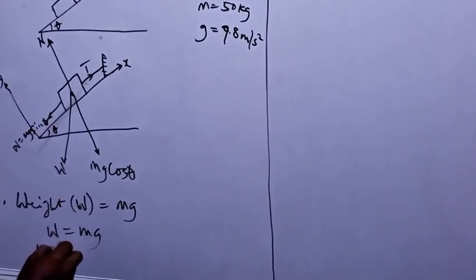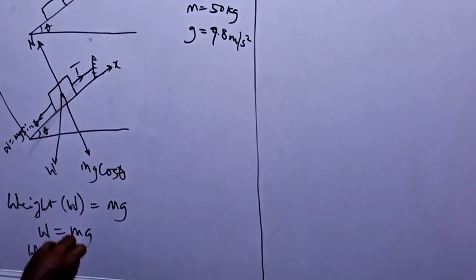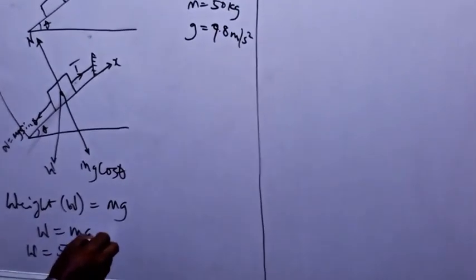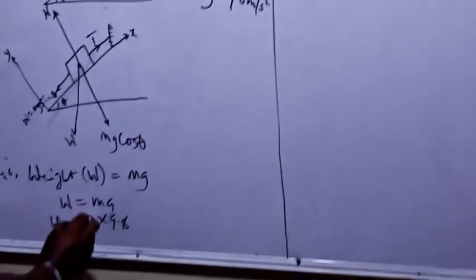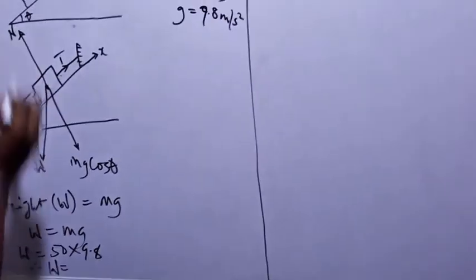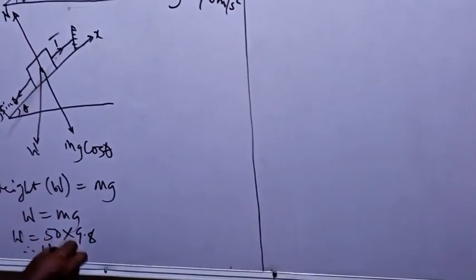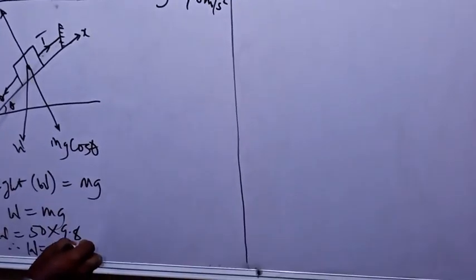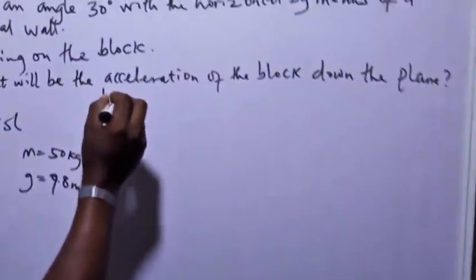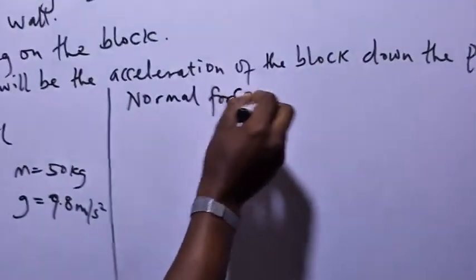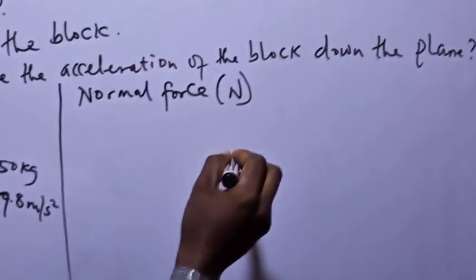The mass given is 50 kg multiplied by 9.8. Therefore, the weight, which is one of the forces on the body, is 490 Newton. I've gotten the weight. Another one here is what we call the normal force, noted as N.